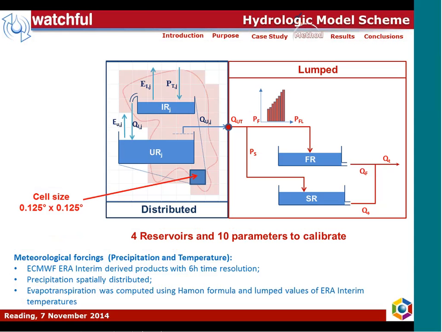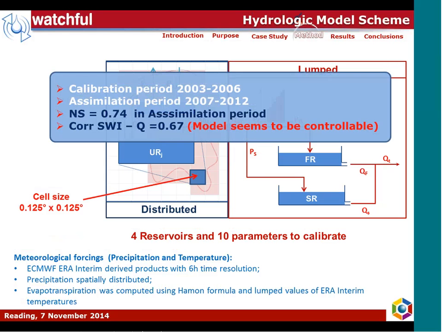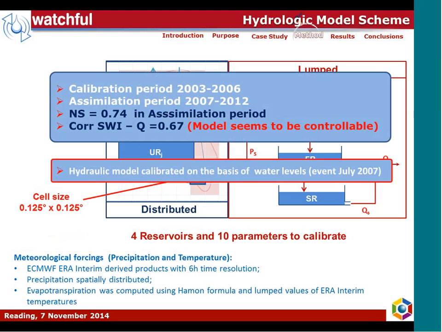So we set up the hydrological model at the Bewdley station. We set up a model structure that reflects the main rainfall runoff transformation processes of this catchment. The model is calibrated using the in situ data from Bewdley over the time period 2003 to 2006.